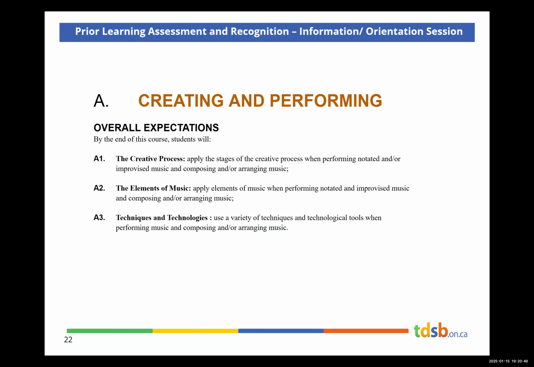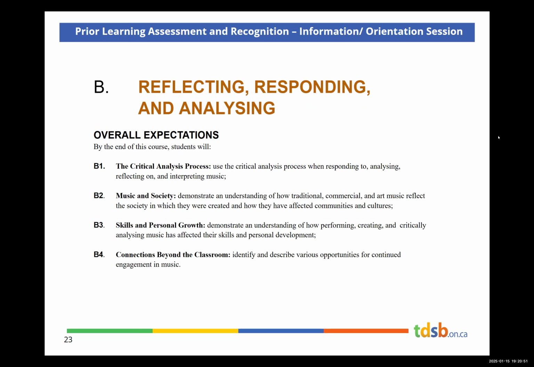So please make sure you've read the curriculum document for that. Next slide, please. So in B, reflecting, responding, and analyzing, there are overall expectations for that as well. So B1, the critical analysis process.